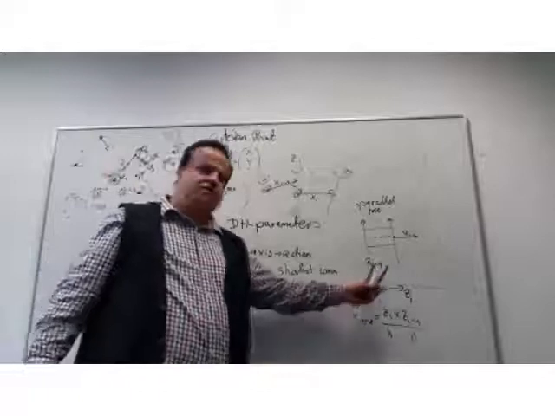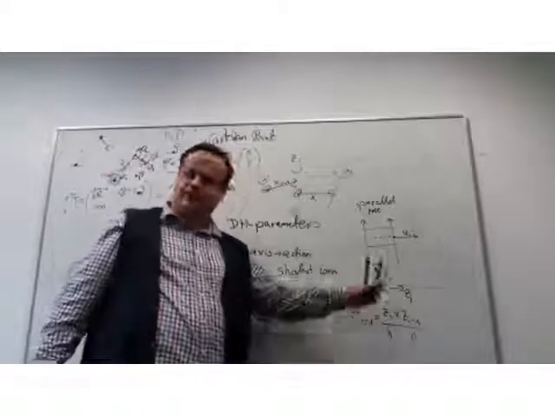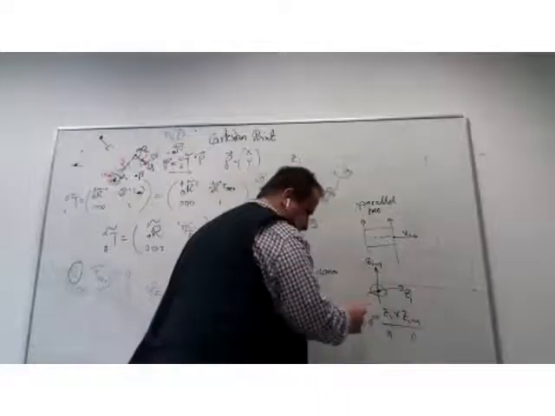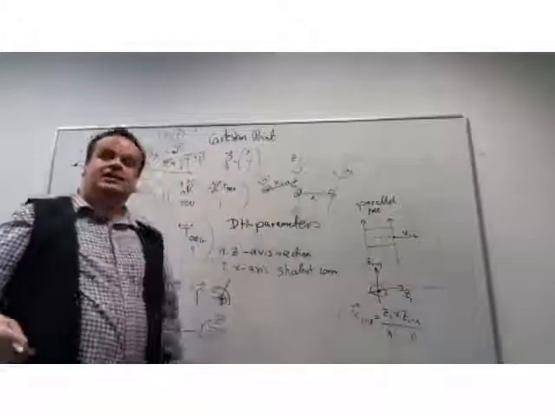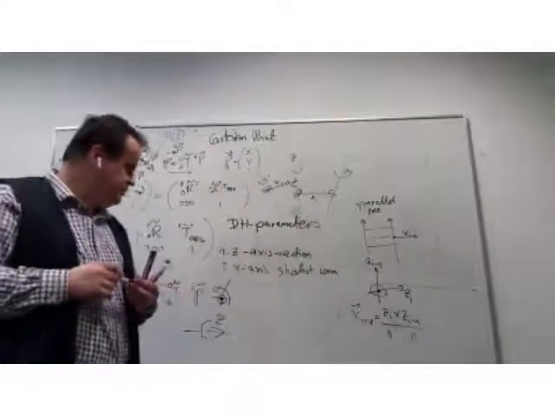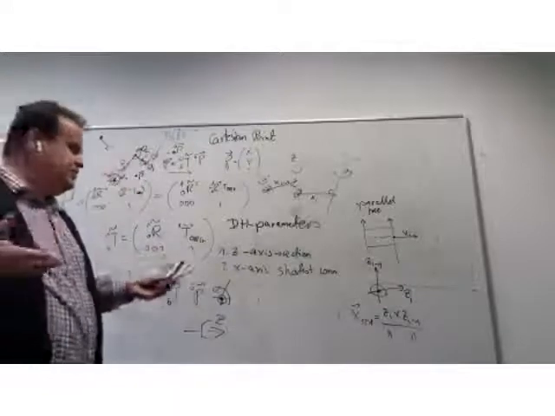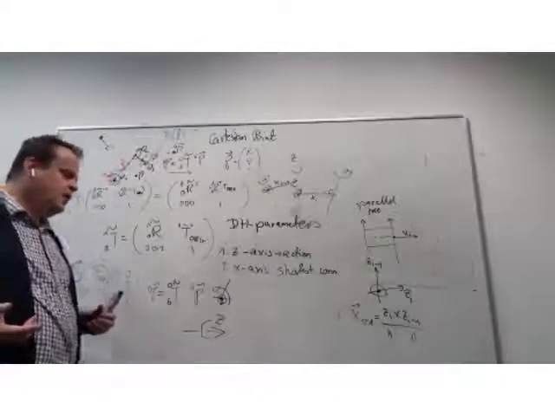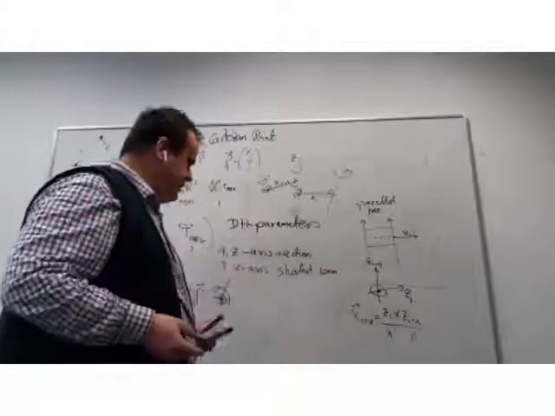So I build a cross product of these two vectors, and this defines my x i minus 1 axis. Why is it the case? We will see in a moment. Just because with these two, we already defined also the orientation of y.